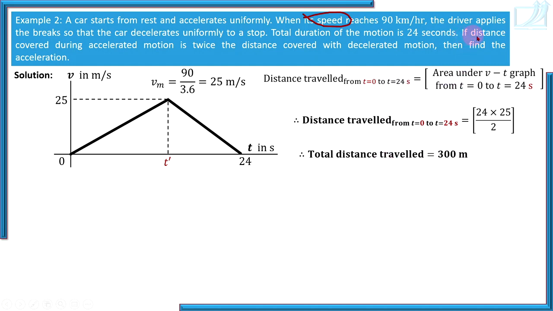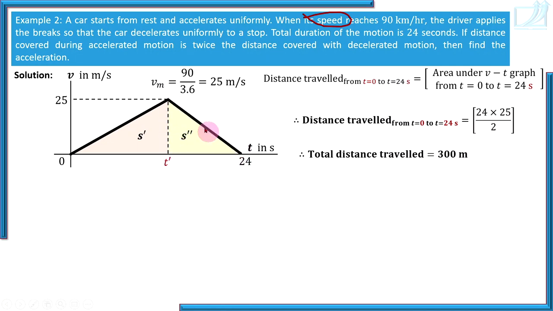But here it is given that the distance covered during accelerated motion is twice the distance covered during decelerated motion. So the area under the VT diagram during accelerated motion is the distance covered during accelerated motion. Let it be S dash. And this triangular area is the distance covered during retarded, decelerated motion from t dash to 24 seconds.